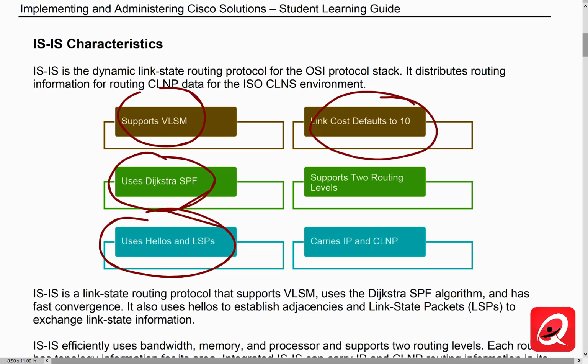All right. Now, similar to other routing protocols like OSPF and EIGRP, ISIS routers will send hello packets to form adjacencies. When you send and receive those hello packets, you're going to end up forming that neighbor adjacency, but routers will only form neighbor adjacencies with other routers that operate at the same level.